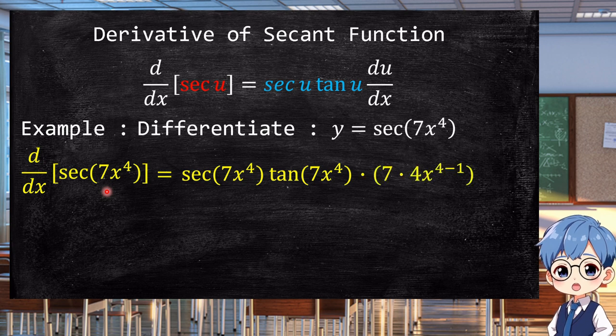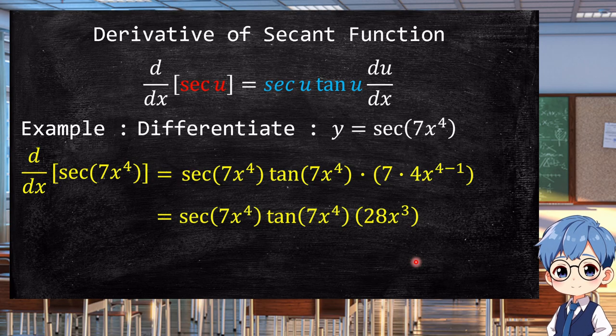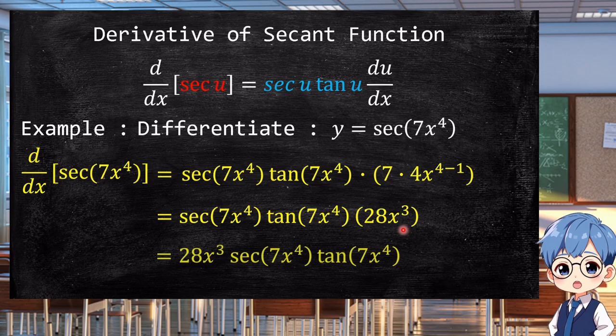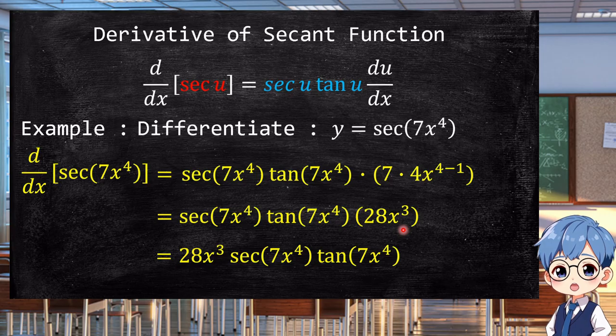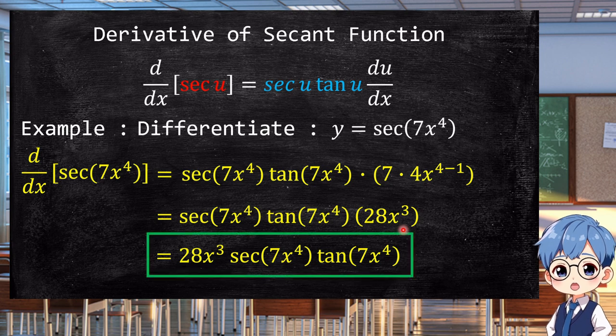So we have 7 times 4 x to the power of 4 minus 1. Simplifying this further will give us secant 7x to the power of 4 times tangent of 7x to the power of 4 times, so 7 times 4 is 28, and then we have x to the power of 4 minus 1, which is just x to the power of 3. So rearranging this, we will get 28x cubed times secant 7x to the power of 4 times tangent of 7x to the power of 4. And this is the final answer.